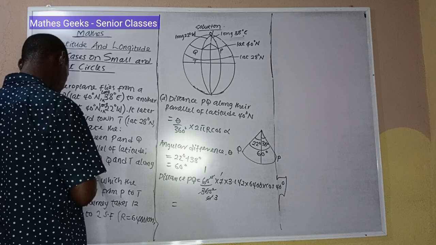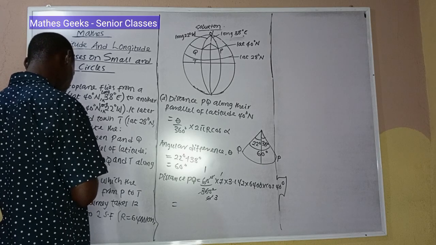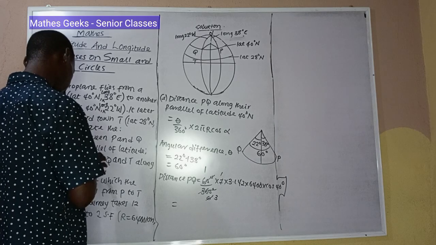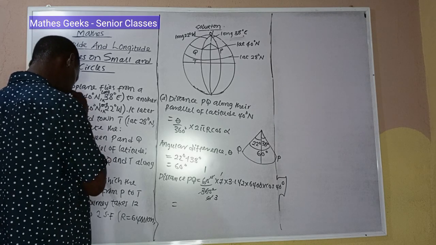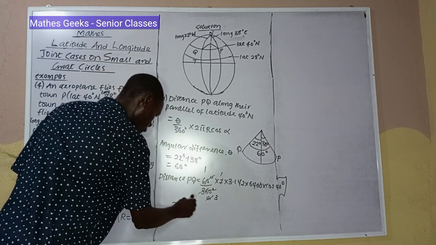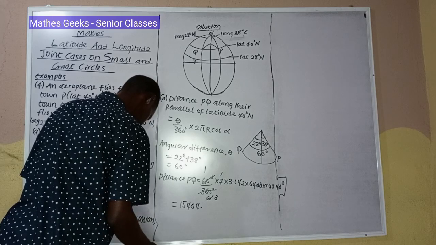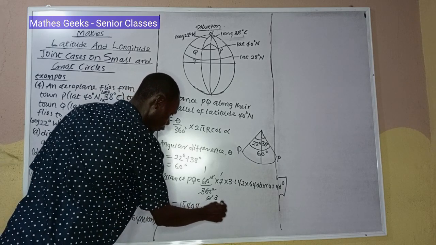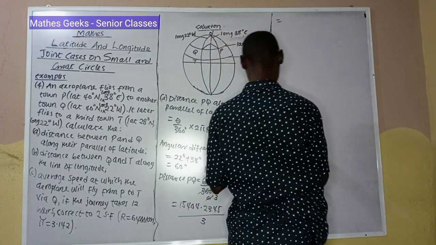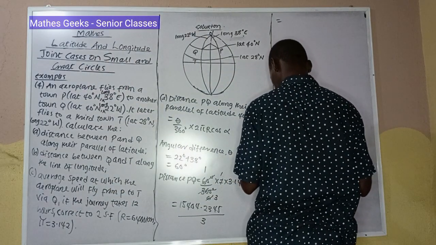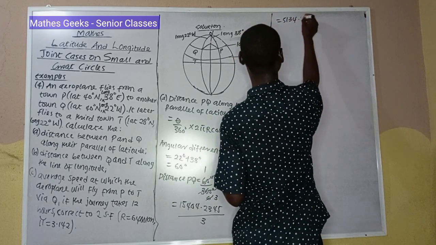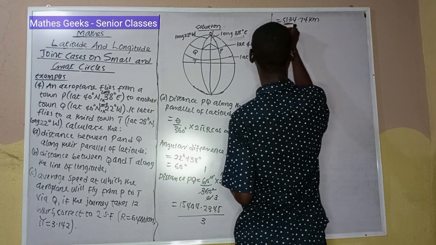So 3.142 times 6,400 times cos 40, that gives 15,404.2305, divided by 3, is 5134.74 kilometers.